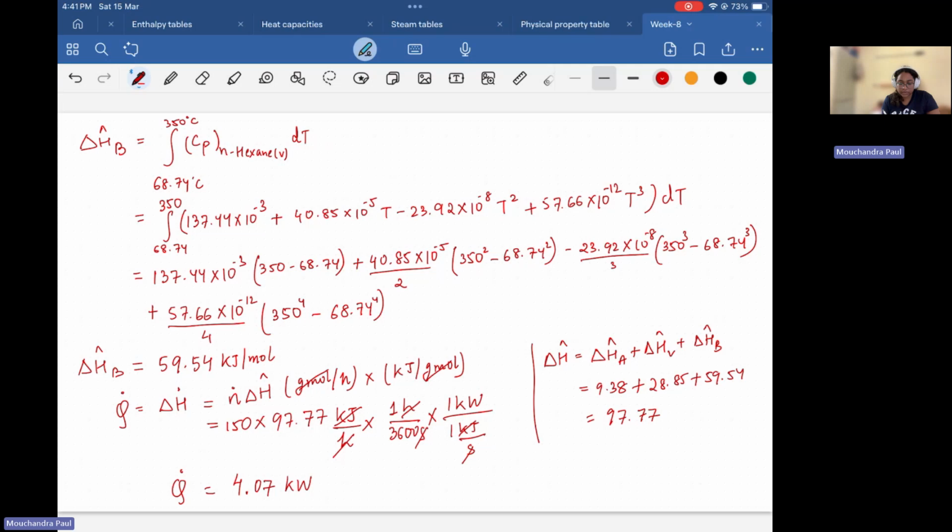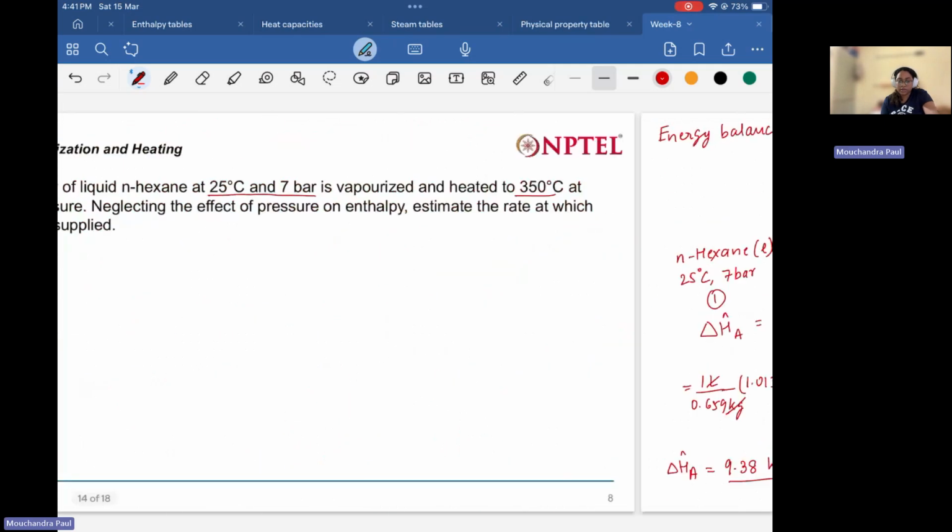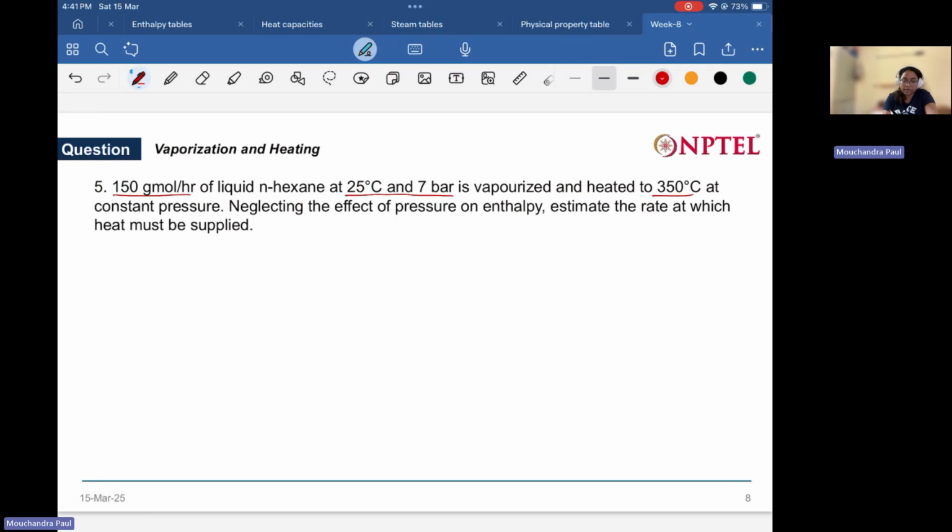This is the final value of heat that must be supplied. So with this, I'll end today's session.